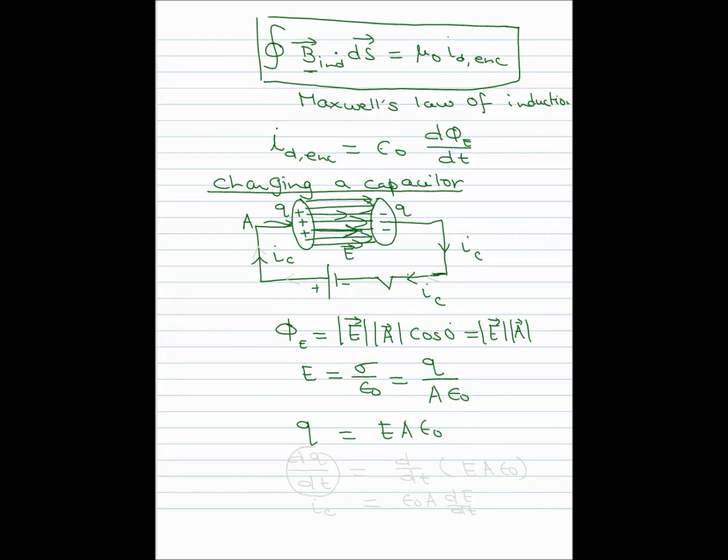So if I look at how the charge is changing with time, as the electric field is changing with time, I can say dQ over dt is equal to d over dt of E A epsilon 0. But the only thing that's changing here is the electric field. And by the way, this dQ over dt is nothing but this conduction current that's flowing in the wire. So I can call that I_C, and that's equal to, I can pull out epsilon 0 and A, if you like, and then it's dE over dt.